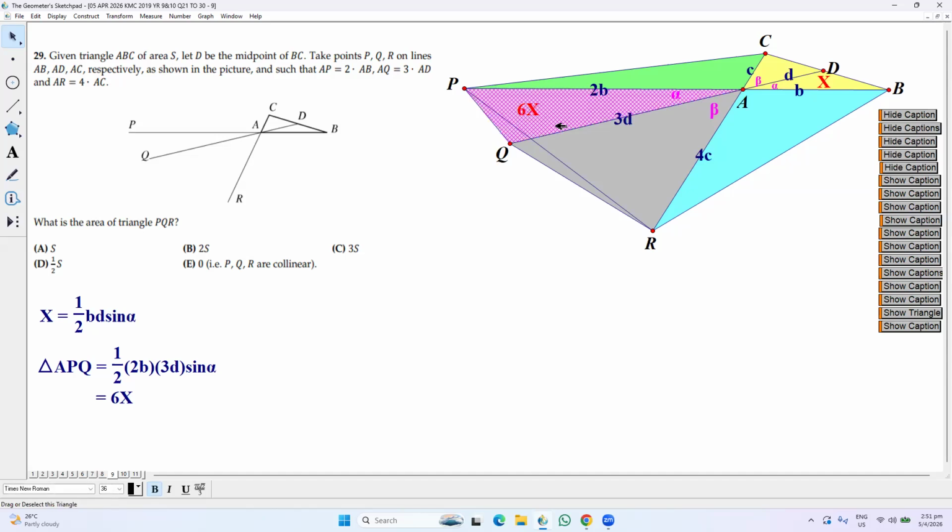The gray triangle is 6x. What's the plan? The plan is to find the gray and the dark gray. After we find them, then we subtract APR. Subtract APR, then you will get PQR. So that's why I calculate this one, 6x. So now I calculate this one.